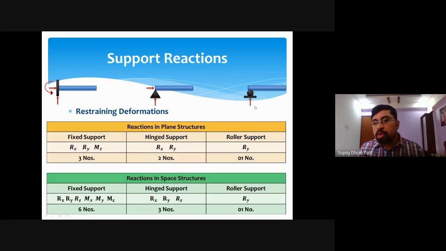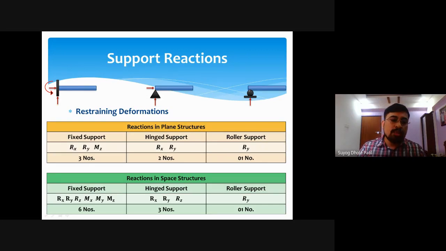If I apply this roller support on a vertical plane, then the beam cannot move in the horizontal direction. So only one platform is provided, and this is a roller, which means the beam can move on this roller, as well as rotate in clockwise or anti-clockwise direction. So only one reaction.